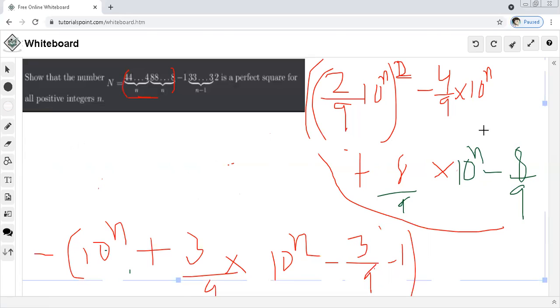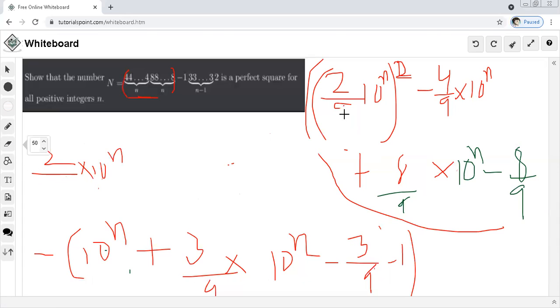We will leave this term as it is. Minus 4 by 9 times 10 to the power n plus this, we get 4 by 9 times 10 to the power n, minus 10 to the power n, we get minus 5 by 9 times 10 to the power n, and this is plus 3.